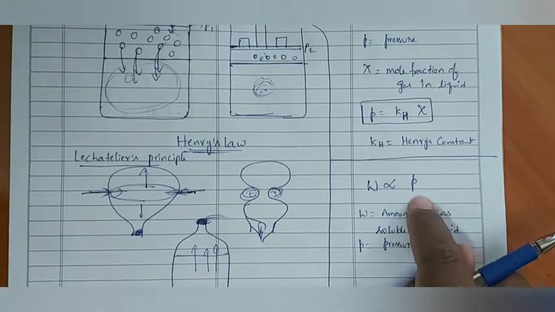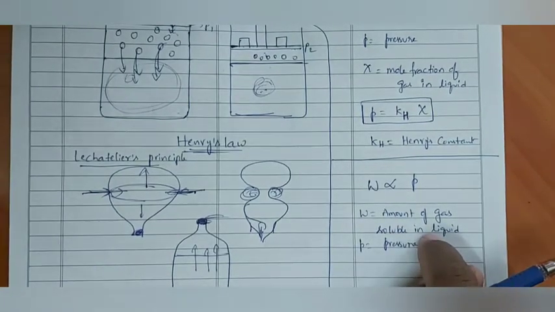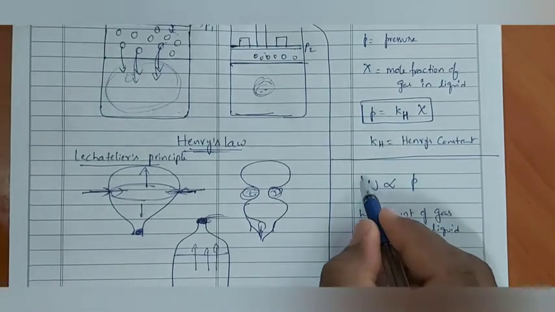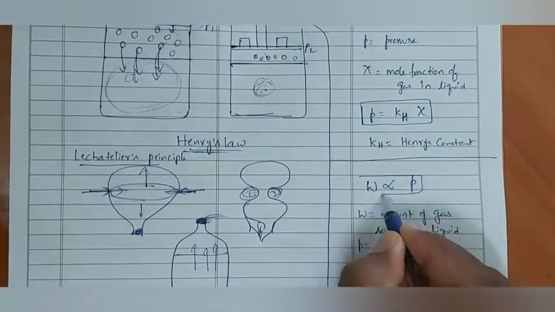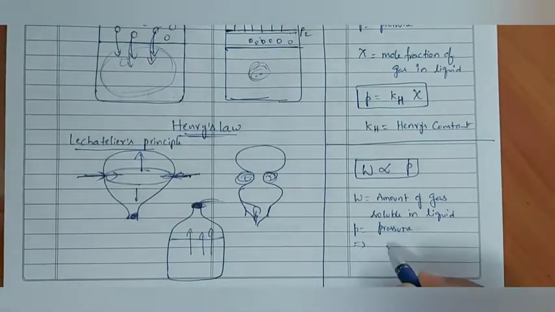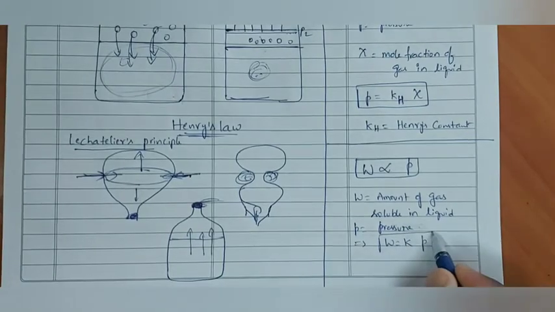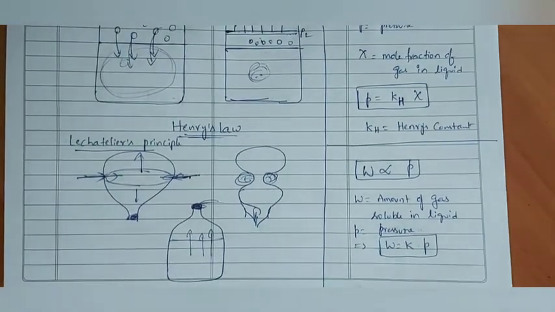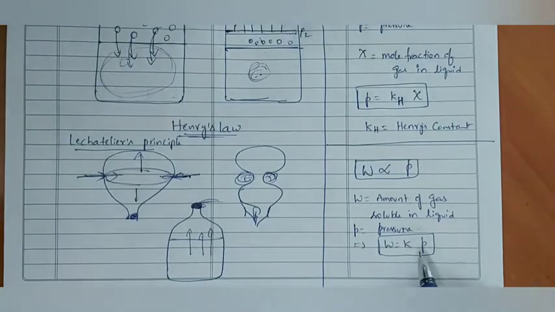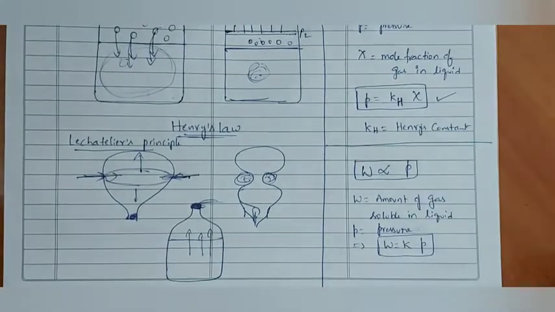When pressure increases, the amount of gas soluble in liquid also increases. That is the meaning of this. In very rare problems, this formula is useful. This implies W is equal to some constant into pressure. This formula is useful in very rare conditions. Maximum problems are related to the P is equal to KH chi formula only.